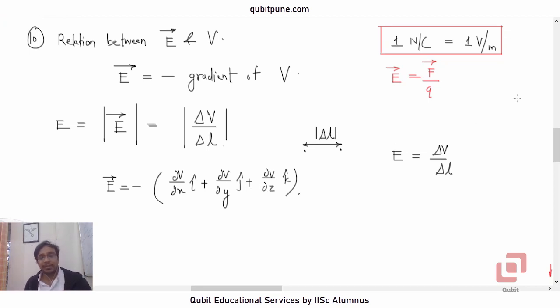Anyways, so that's E bar and V. So yes, the electric field is in the direction where the potential changes the quickest.